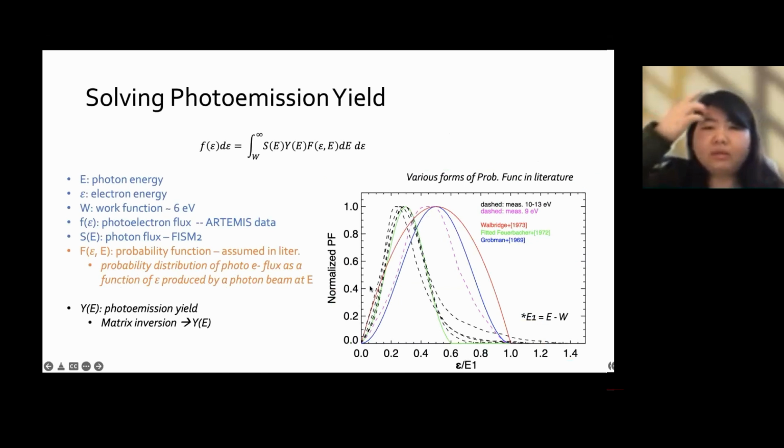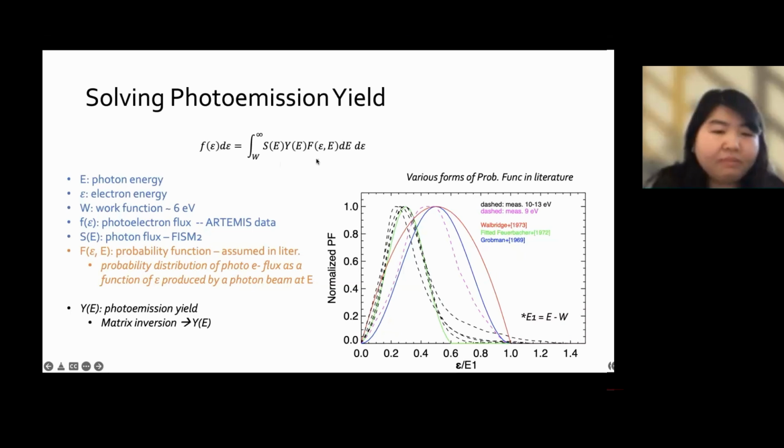To calculate the photoemission yield, it comes from this equation, which says the photoelectron flux is a function of solar irradiance, the yield, and also a probability function.